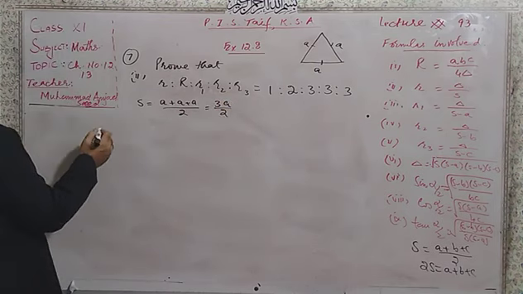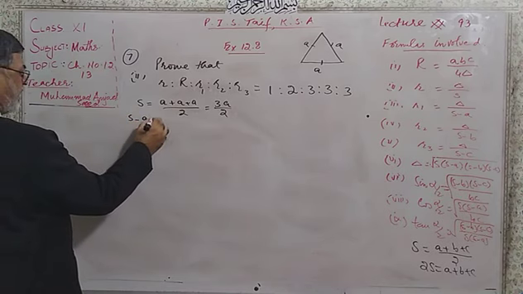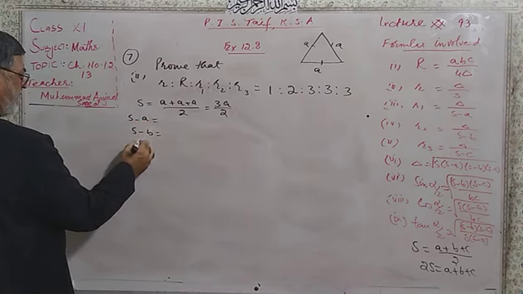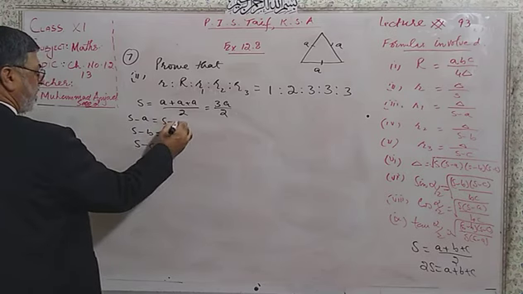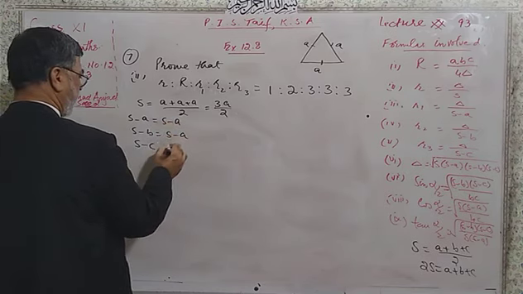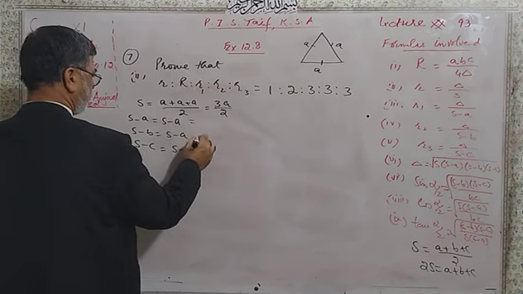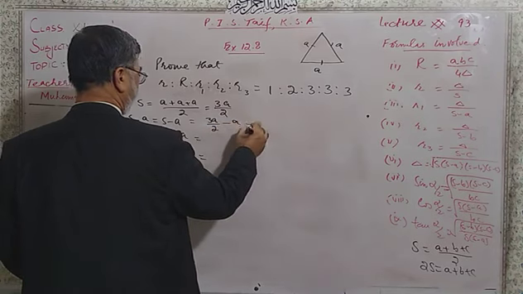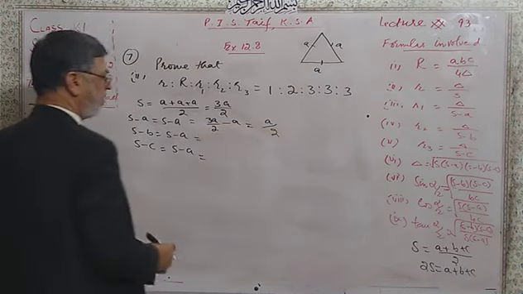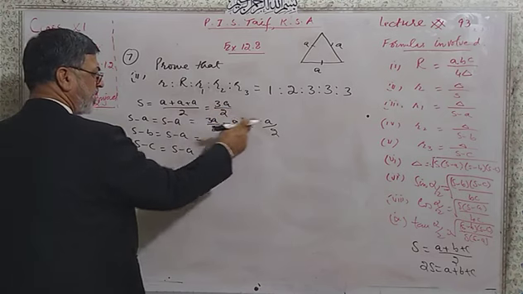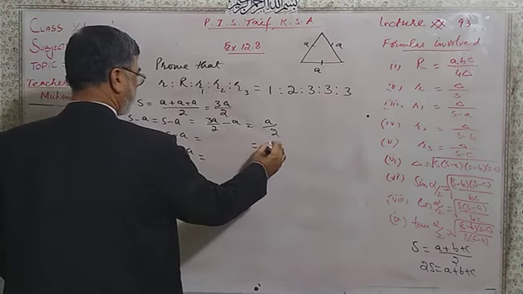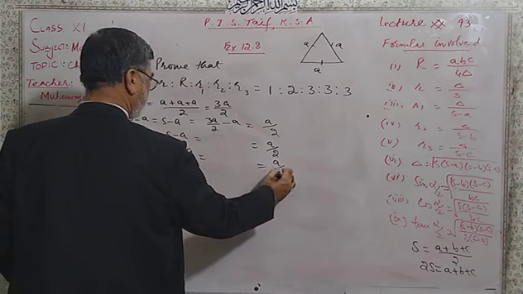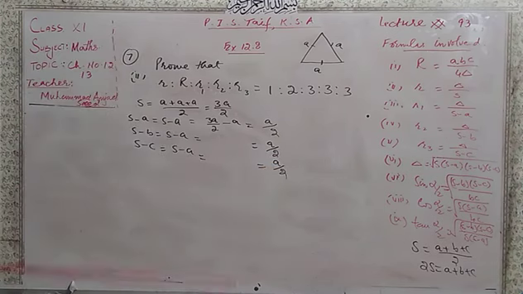And we can have S minus A, S minus B, S minus C. Actually, this is S minus A, and B is also S minus A. So S minus A is 3A over 2 minus A, that will be A by 2. 3A minus 2A is A. Again, this is A by 2, this is A by 2. All the 3 sides are equal, so S minus B and S minus C are also S minus A.